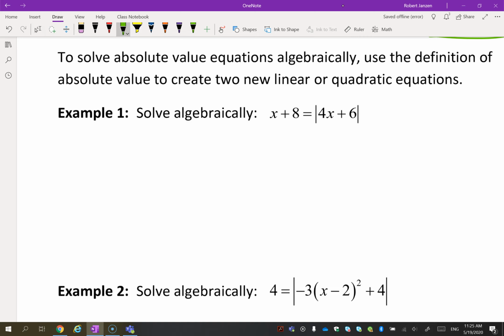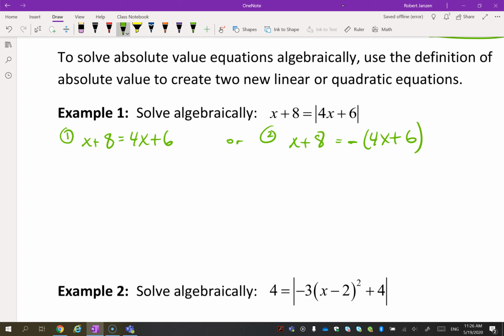What's in there could either be the positive version or the negative version, because when I take the absolute value of it, they both turn positive. So to solve an absolute value, we're going to have option 1, which would be x plus 8 equals what's in the absolute value, or option 2 would be to say x plus 8 is the opposite of 4x plus 6.